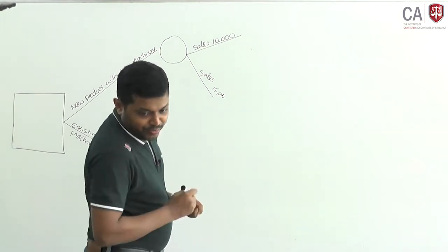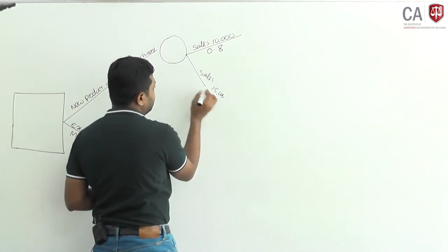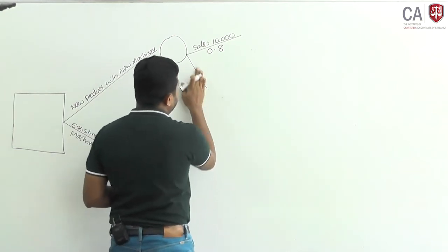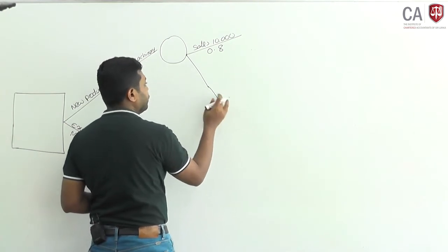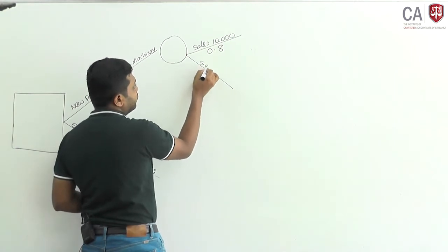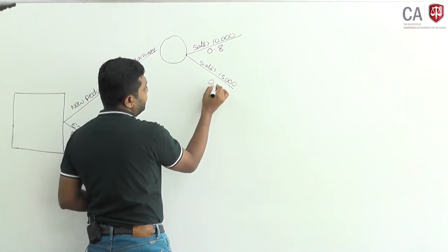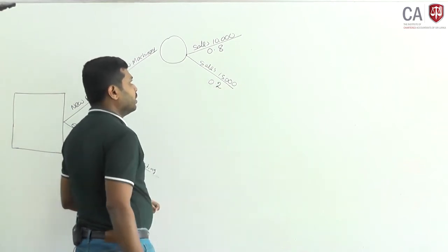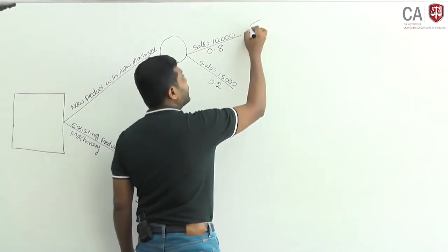There will be a probability of 80% that your sales will be 10,000, and for sales of 15,000 units, the probability will be 20%. If the sale is 10,000, the variable cost can also change.